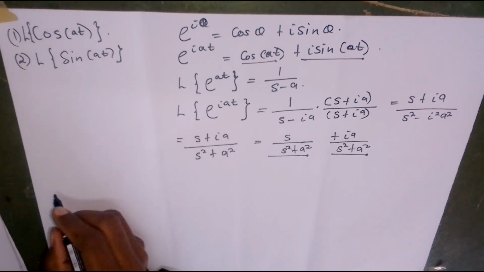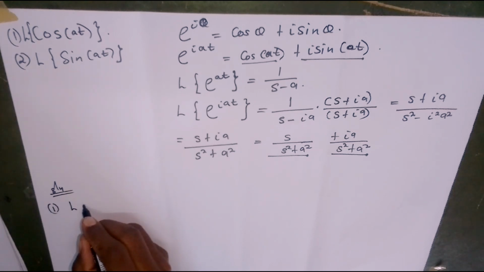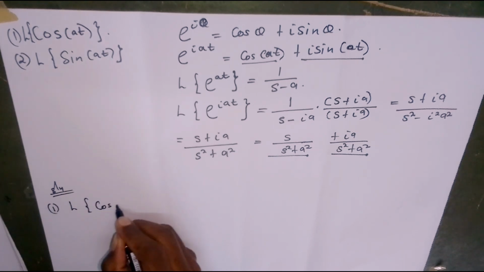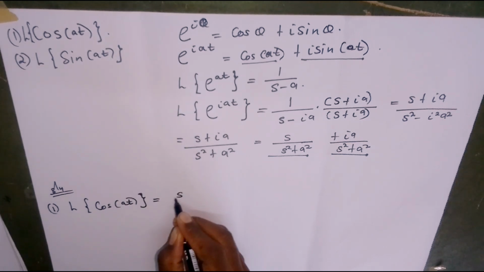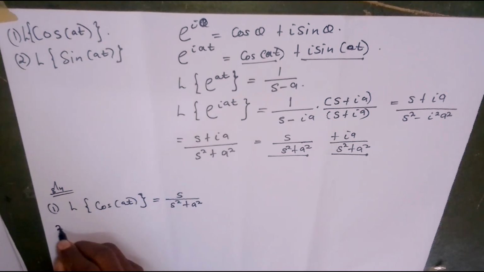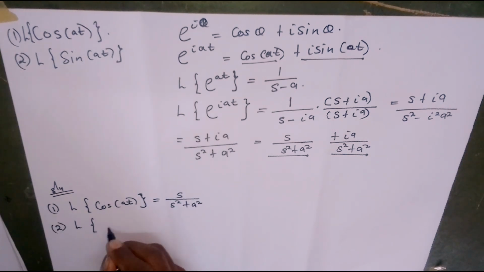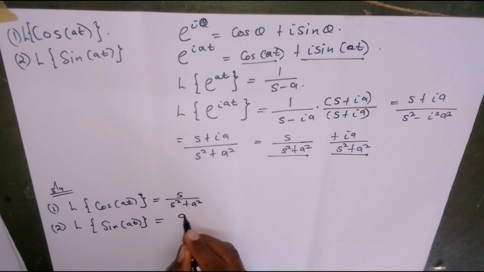So it means the Laplace transform of cos AT is equals to s over s squared plus a squared, and the Laplace transform of sine AT is equals to a over s squared plus a squared.